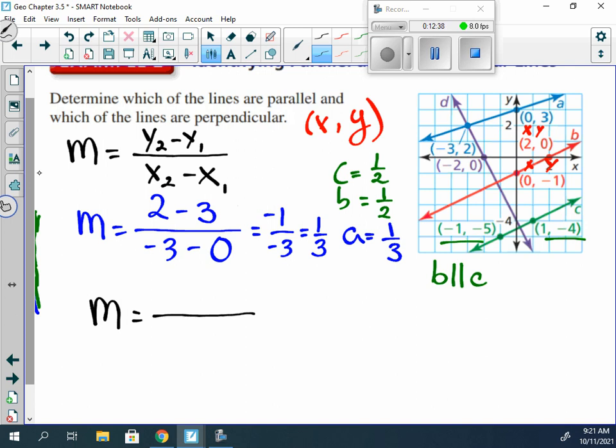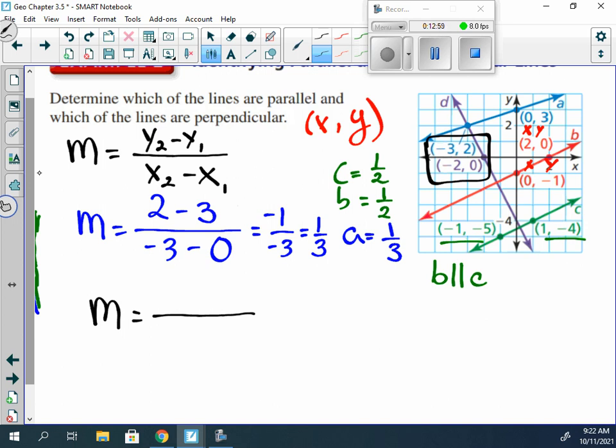And lastly, we're going to find the slope of line D. Now the 2 points that they gave us for line D are, well, -3, 2, and -2, 0. Now our y values for this here, they go on top, would be between 2 and 0.